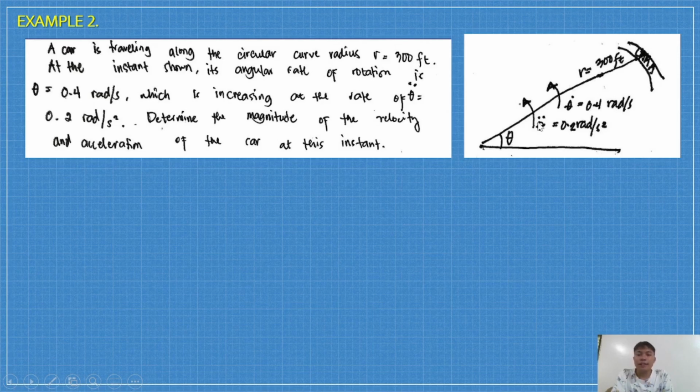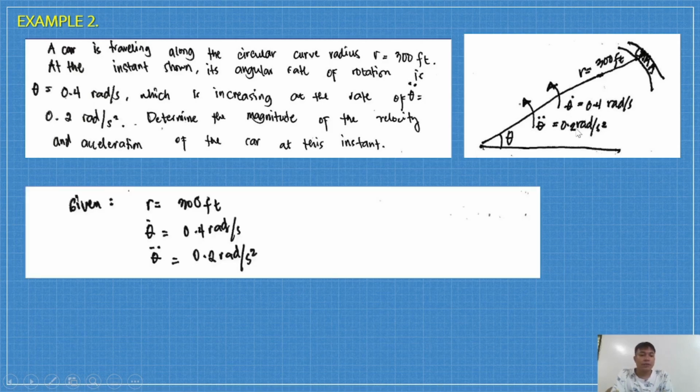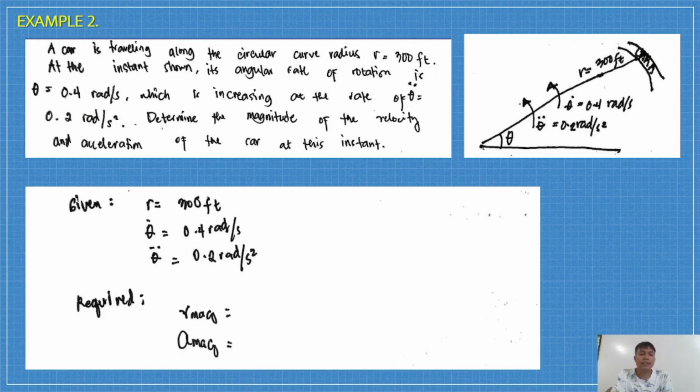And our acceleration and our velocity are also shown. As I said earlier, the given is 300 feet, theta dot is equal to 0.4 rad per second, and the increasing rate, theta double dot, is equal to 0.2 rad per second squared. So required is the magnitude of our velocity and acceleration.